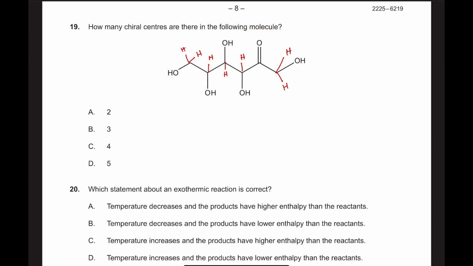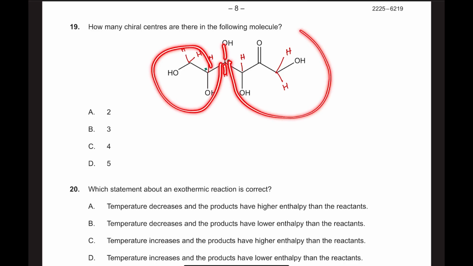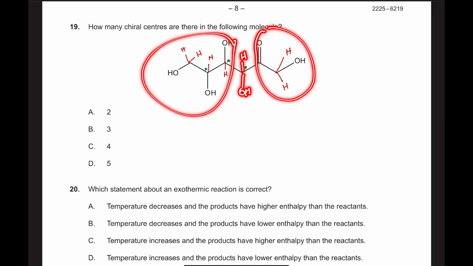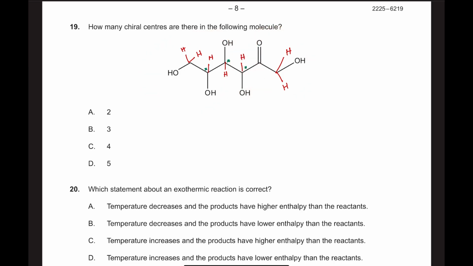So 4 different groups are attached to this carbon. So this is a chiral carbon. Similarly, this carbon is also chiral because 4 different groups are connected. OH and hydrogen are different. Same for this one. You have hydrogen, you have OH, you have this group and this group, which are different.